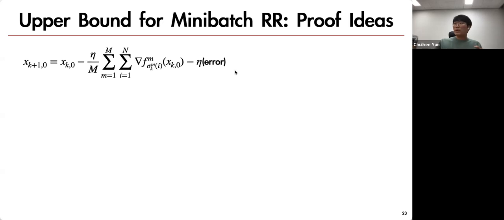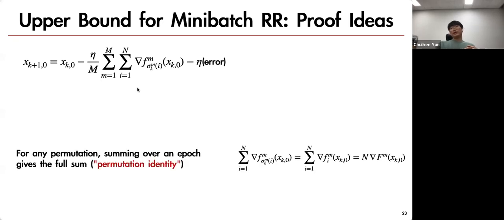Okay. And actually, we can notice a simple identity: for any given permutation, if you sum all the elements over an epoch, this gives the full sum, right? For any sigma_{m,k} that is chosen, the sum over i from 1 to n is exactly equal to the sum over all the indices without any permutation.